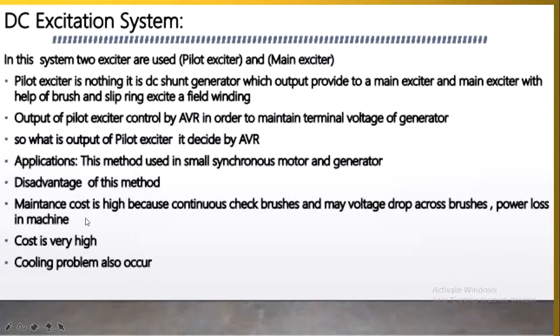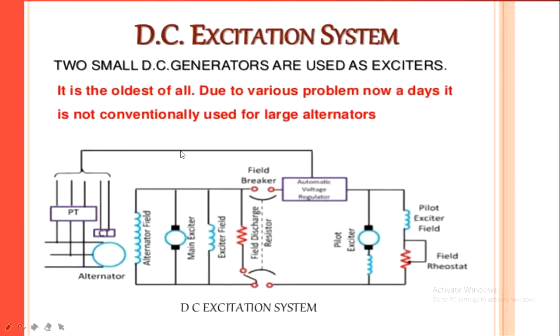These are the disadvantages of this method. Maintenance cost is very high because three machines need to be maintained, with continuous checking of brushes, and there may be voltage drop across brushes. Power loss in the machine is very high. Cost is very high, and cooling problems also occur. So this excitation system is generally used for small alternators.